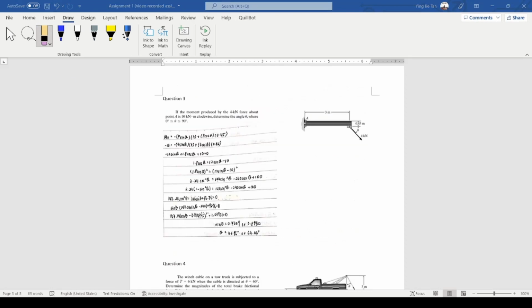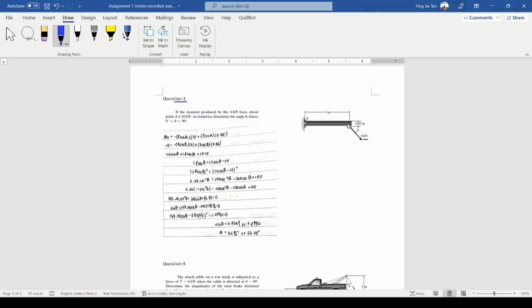Okay, so now we are at question 3. In question 3, we are asked to determine the angle theta, where 0 is smaller or equal to theta and smaller or equal to 90, at point A. We are given that our force is 4 kilonewton and our MA.